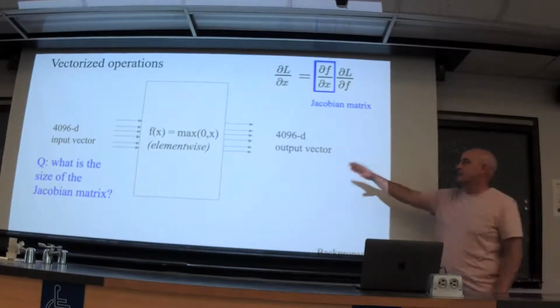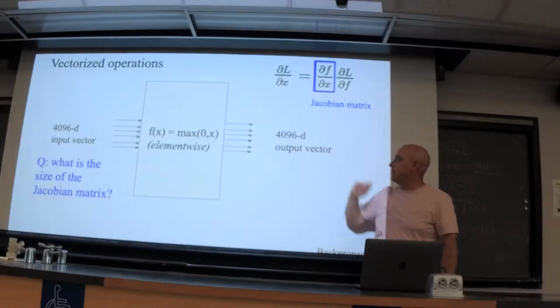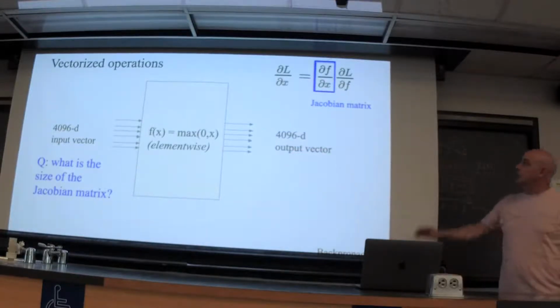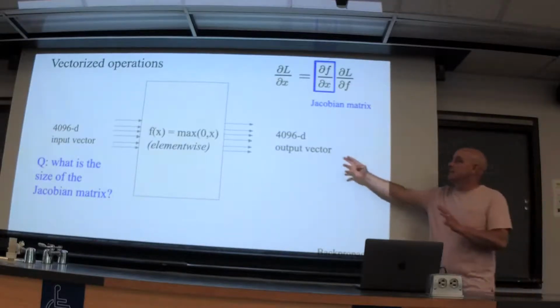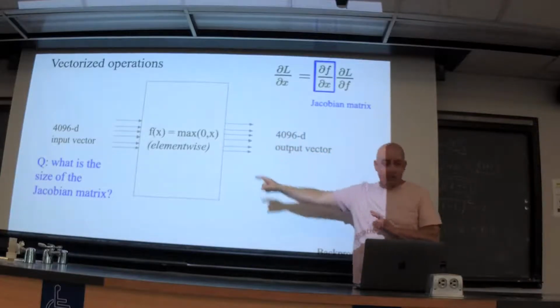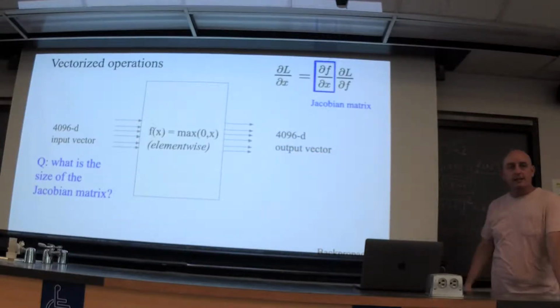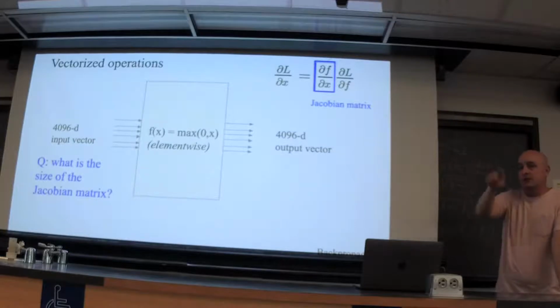Since it's element-wise, the output is also dimension 4096. So what's the size of that Jacobian matrix? The output is 4096, the input is dimension 4096. What's the dimension of the Jacobian matrix?